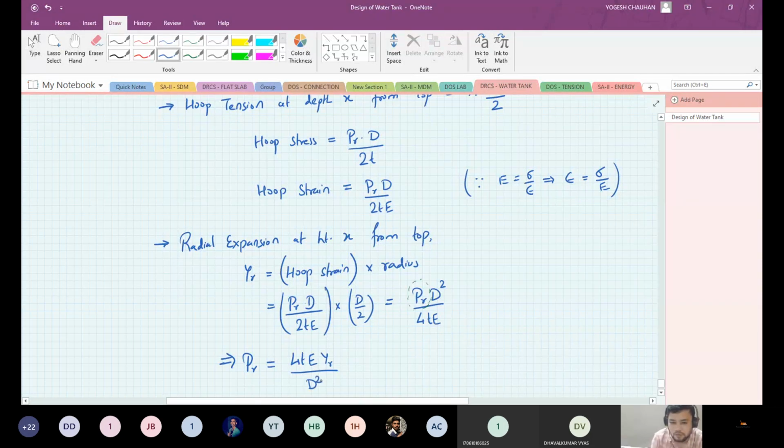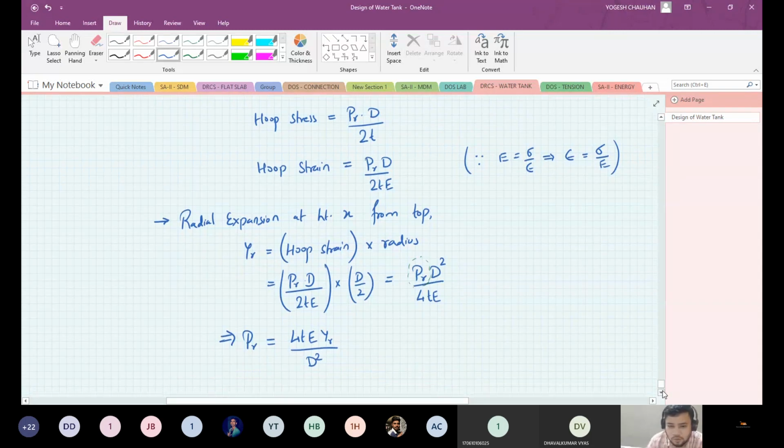Now, from compatibility, the expansion due to radial pressure should be equal to the deflection due to cantilever action.